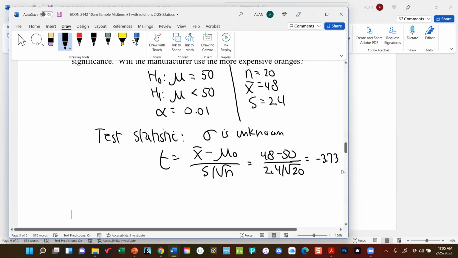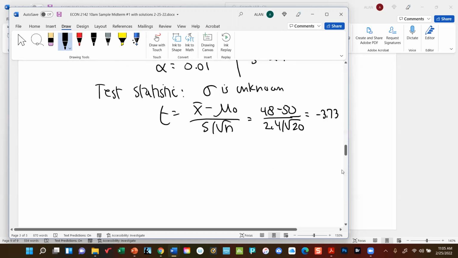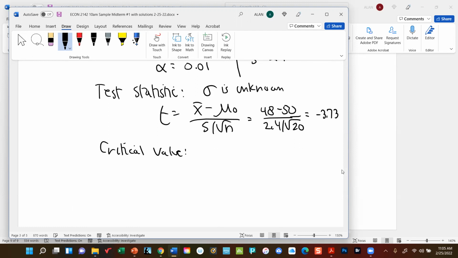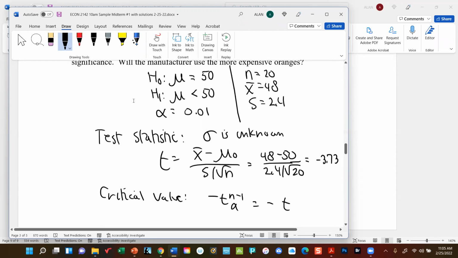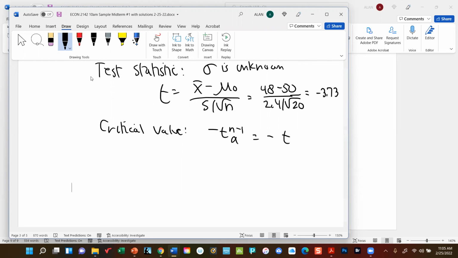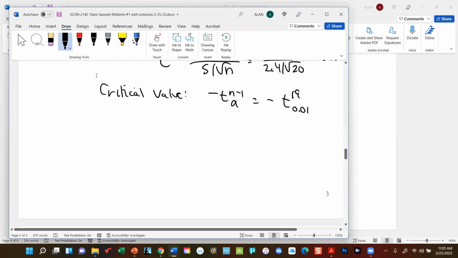Since it's the t-distribution, what about our critical values? Well, it's actually just the one. The degrees of freedom is simply n minus 1. Our sample size is 20, so we have 19 degrees of freedom. And remember, the tail area is only 0.01 because we're trying to be very conservative with this one. So you can go to your calculator.